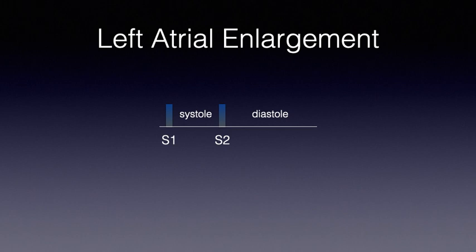Aside from the lub-dub of the S1 and S2 heart sounds, when blood flow through the heart has some turbulence at a valve or at a hole like a VSD, it can make a murmur sound. And one valve problem that can cause a murmur is called mitral stenosis. You know that the mitral valve is the door between the left atrium and the left ventricle.